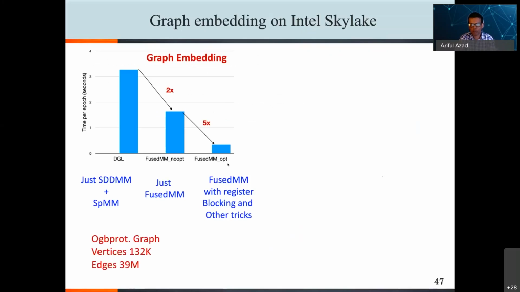When we run this code on an Intel Skylake server with 48 cores, if we just use FusedMM without any optimization, like register blocking and the other things we discussed, we can still get 2x performance improvement, because we don't store intermediate results in graph embedding algorithms. And if we apply all those optimizations, then we can get another 5x speedup, so a total of 10x speedup.